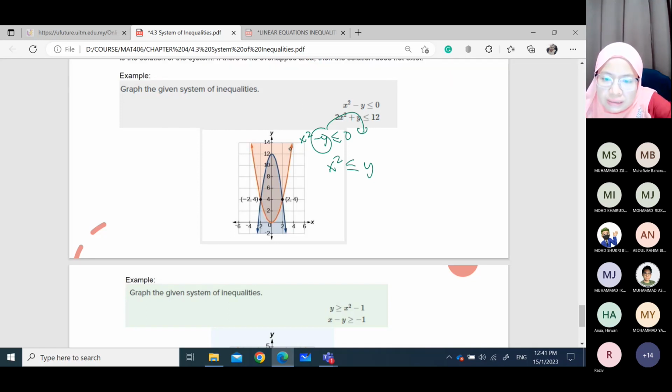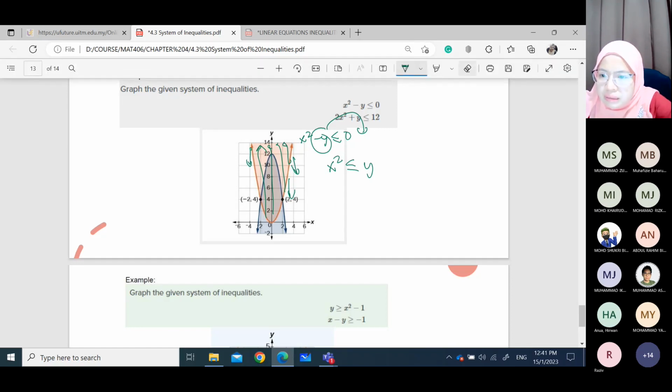So bila y greater than, dia berada di atas graph. Yang ini bawah graph, yang ini atas graph. So region dia berada di dalam yang color orange.